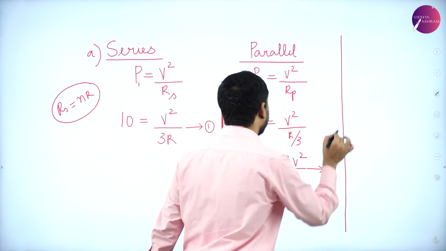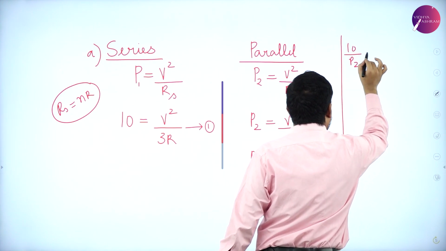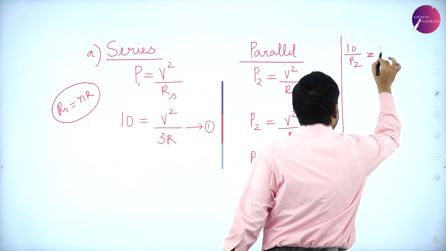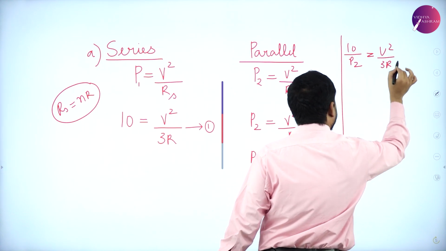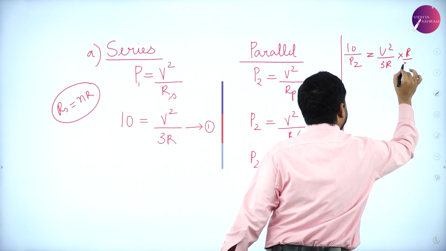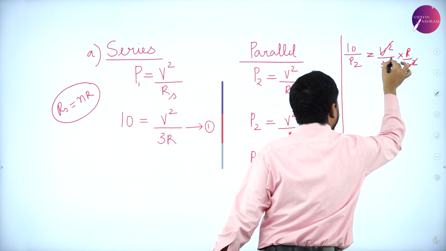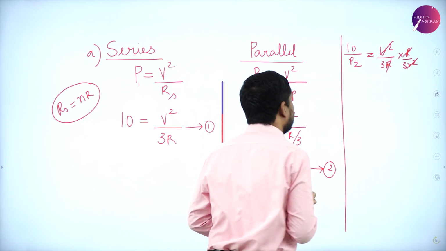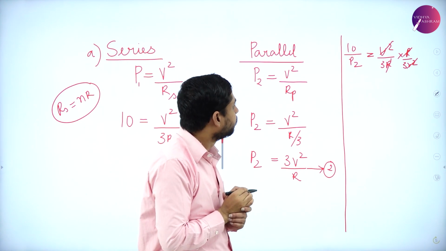I want the value of P2. So divide: 10 divided by P2 is V square by 3R into R by 3V square. V square gets cancelled, R gets cancelled. So what is P2 equal to?